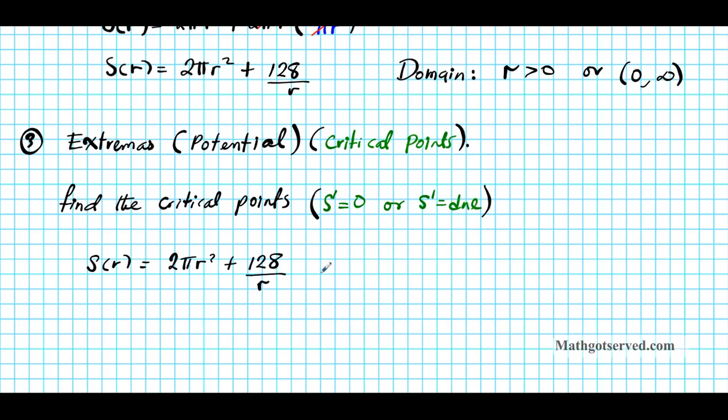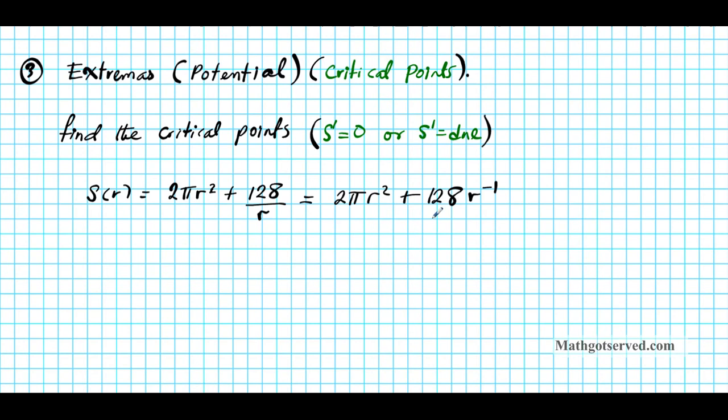Now, let's differentiate this function. But before we differentiate it, we can rewrite this portion so it's easier to differentiate. I don't want to use the quotient rule if I don't have to. So this can be written as 2 pi r squared plus 128 r raised to the negative 1 using the reciprocal property of exponents, okay? Now it's easy to differentiate simply by using the power rule.